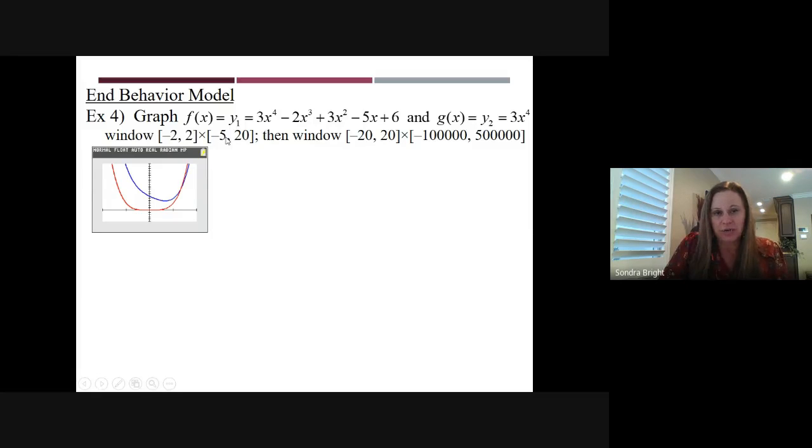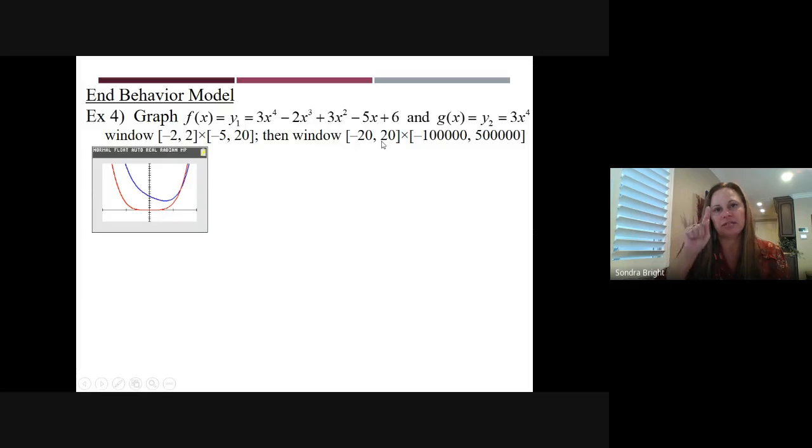Then what I want you to do is go back to window and change x min to -20, x max to +20. I might change the x scale, because that would be 40 little dashes. So maybe make the x scale 5 or 10. It really doesn't matter. You could even make it 20 or 100.